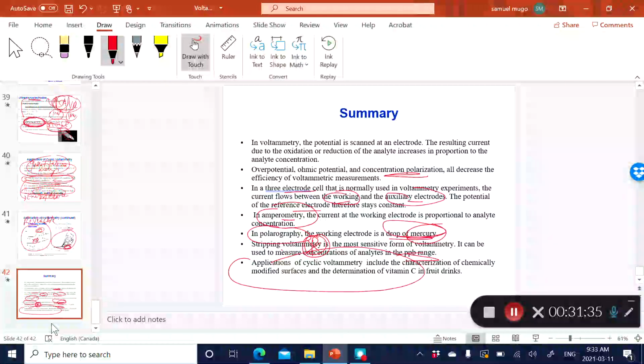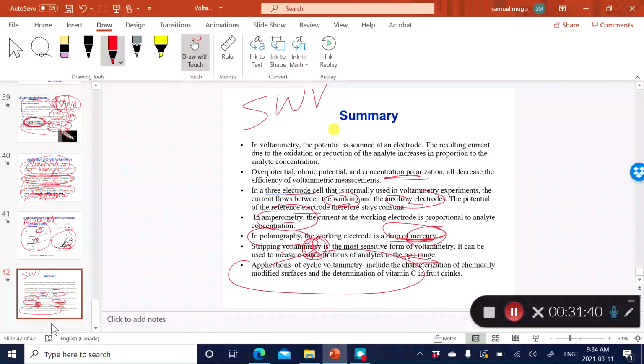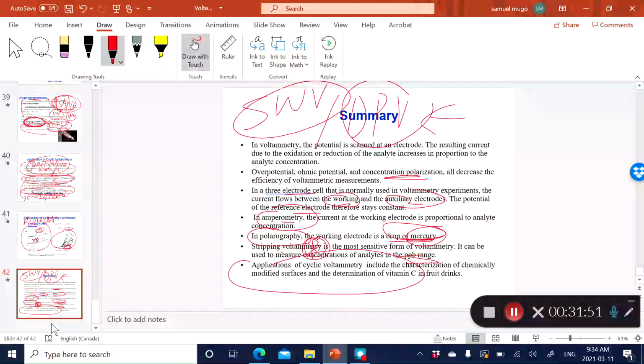And of course, we also talked about the pulse voltammetric techniques, the square wave voltammetry and the differential pulse voltammetry, that equally tends to increase the sensitivity because of the reduction of the charging current.